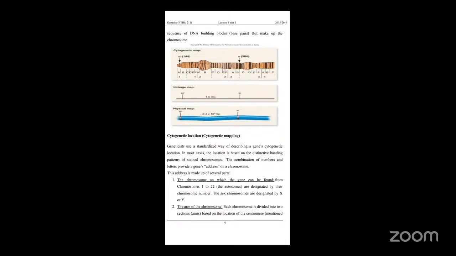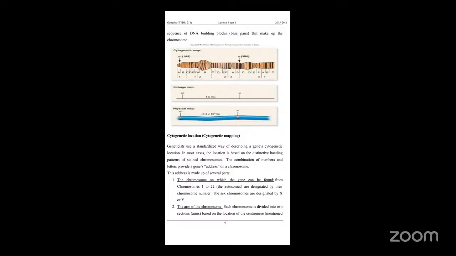The second thing is the arm of the chromosome. You all know each chromosome is divided into two arms, or two sections, based on the location of the centromere. The centromere, also called the kinetochore, holds the two arms of the chromosome together. So first we give the number to the chromosome, ranging from 1 to 22, those are the autosomes, and then the sex chromosomes, X and Y. Then the second thing is the arm of the chromosome.